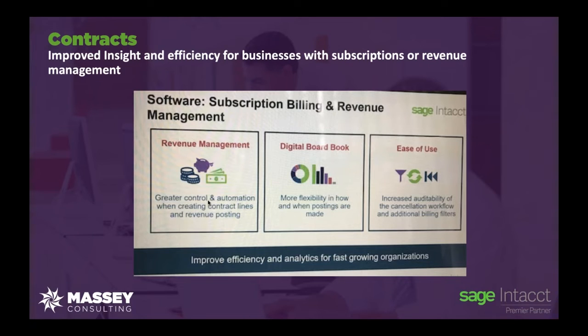So when we talk about contracts, we've made some moves to improve insight and efficiency for those kinds of businesses. The digital board book, for example, has more flexibility inside of it in regards to the different postings. So for the entries, for the dollar values that affect things that are on that digital board book, you've got a tremendous amount more flexibility.